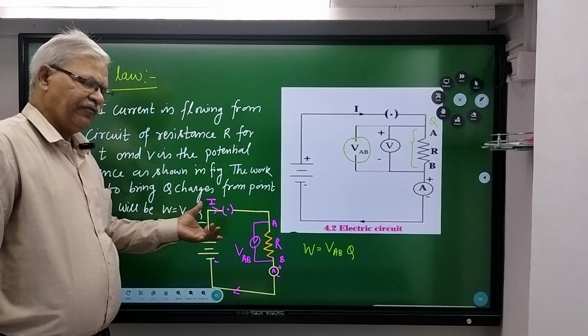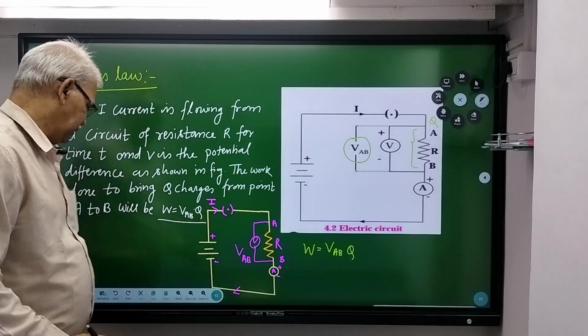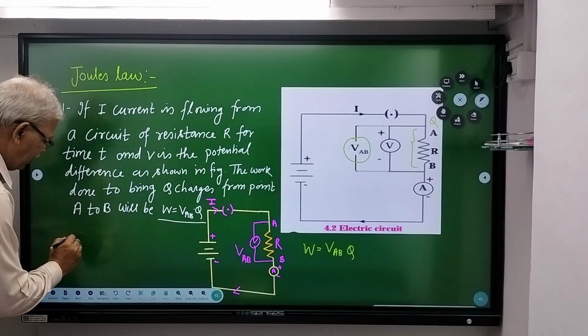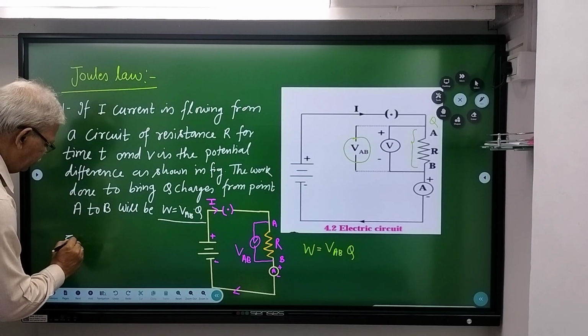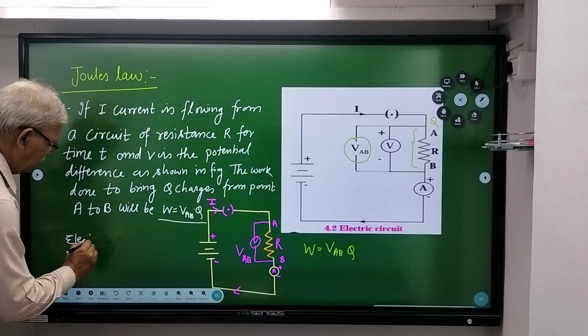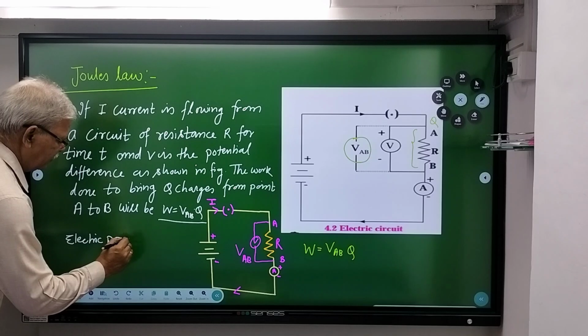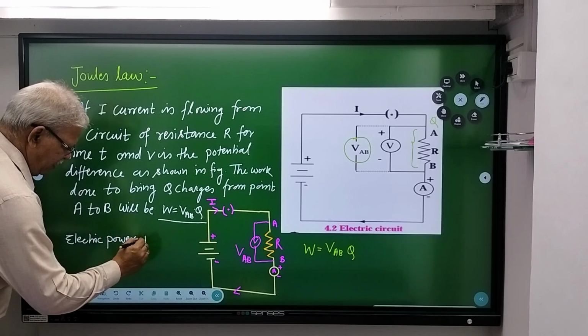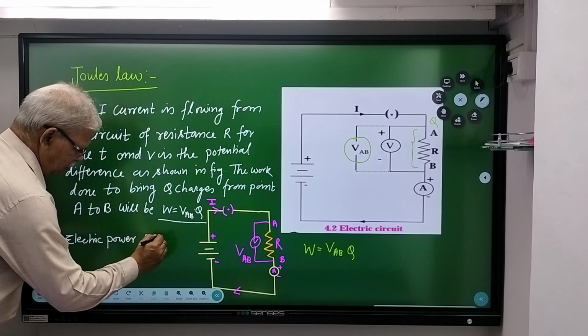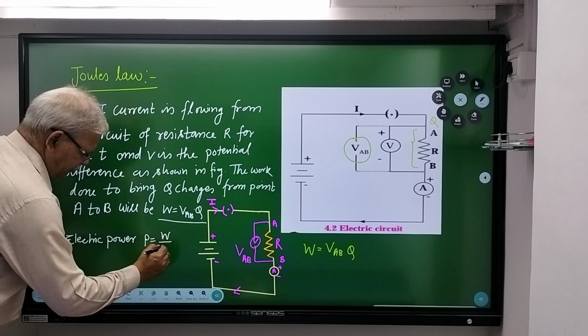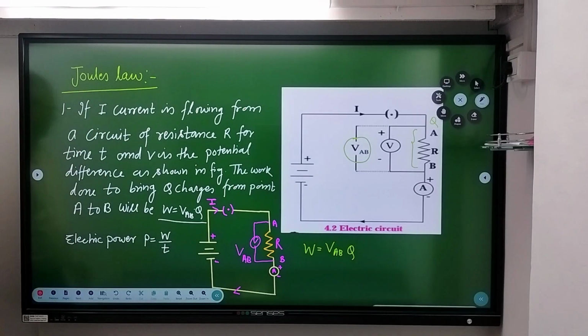And the power consumption, that is electric power consumed, P is equal to work done with respect to time.